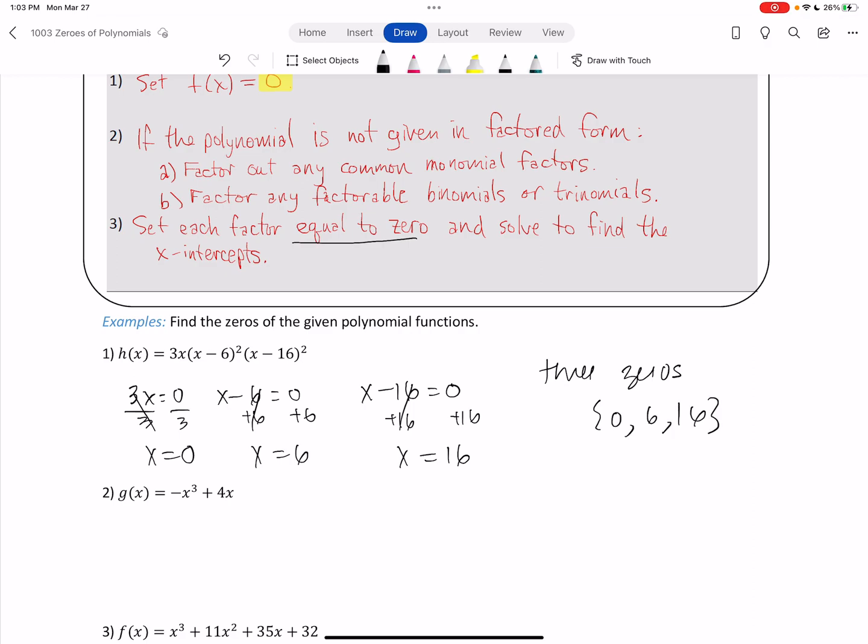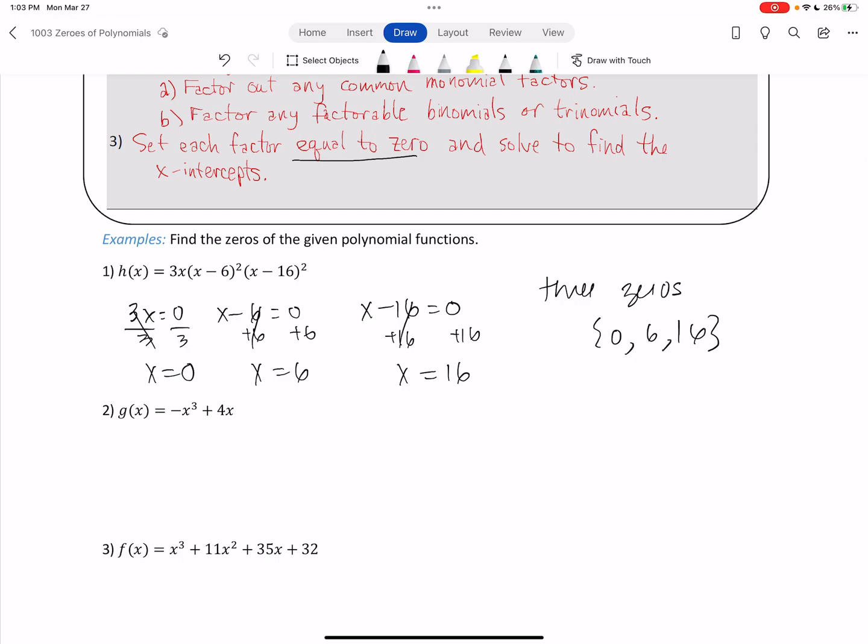So that example was nice because it was already in factored form. What do I do if my polynomial is not yet factored? Well, start by factoring. 0 equals, I notice that I can take an x out of both of these terms. I'm actually going to take out a negative x because I don't like my leading term to be negative. So that leaves me with x squared minus 4. This second term that's left here is a difference of two squares, so I can factor it into x minus 2 and x plus 2.